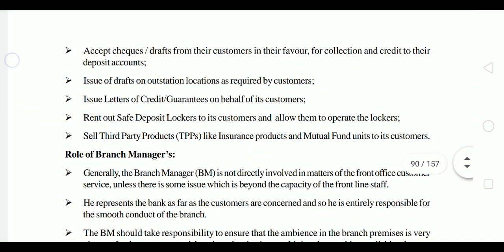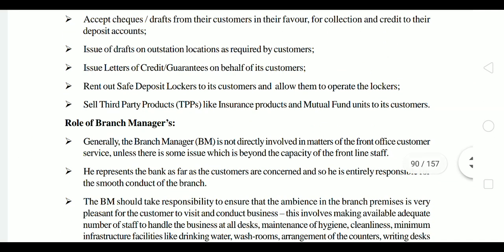Next is accepting checks and drafts of the customers; on behalf of the customers they will accept the checks and issue the drafts. Then they will issue letters of credit and bank guarantees on behalf of their customers. That means they will act as a third party, and if the customer fails to make the payment, then the bank will be liable to make that payment, as we have discussed in chapter number 1.